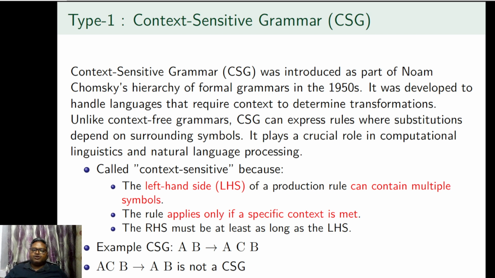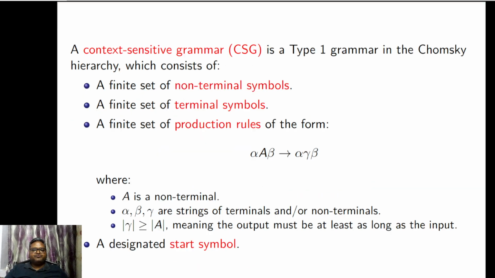Why is it called context sensitive? Because if I want to, for example, see this grammar here, alpha A beta is equivalent to alpha gamma beta. Now, A can be substituted by gamma only if A is surrounded by alpha and beta.